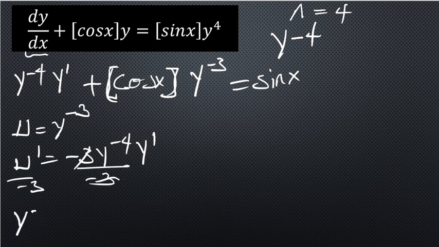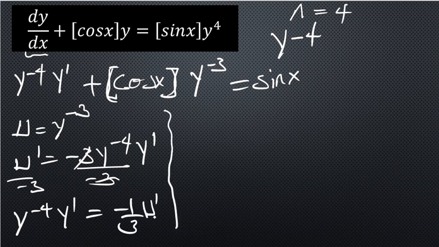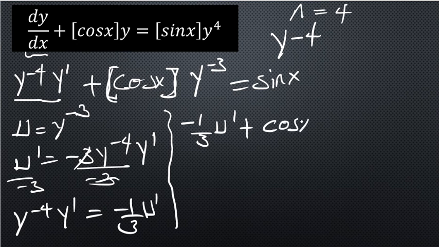Therefore, y to the power of negative 4 times y derivative is equal to negative 1 over 3 u derivative. Now the general equation changes. The first term will be substituted by negative 1 over 3 u derivative. So we can write negative 1 over 3 u derivative plus cosine x times u is equal to sine x.